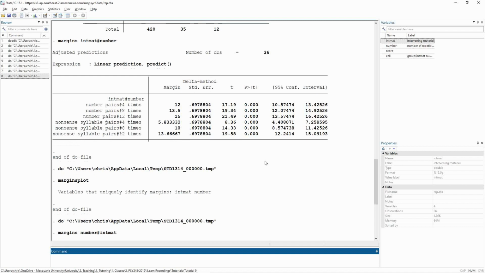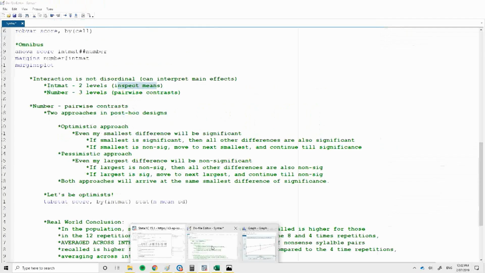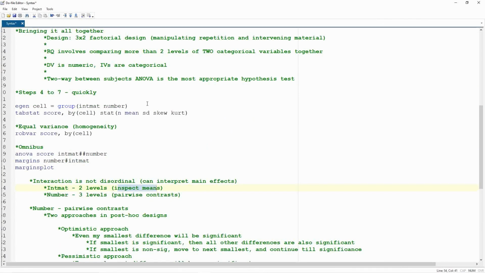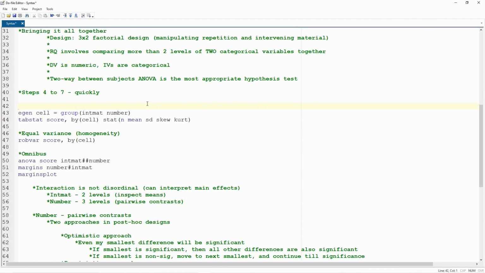Now, if I really want to compare these and go, what's going on, I could quite simply use the tab stat again, but rather than by cell, I would simply say by intmat.